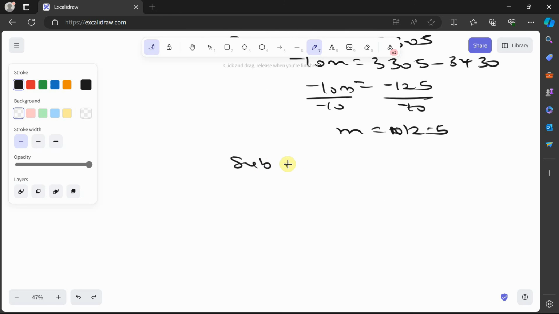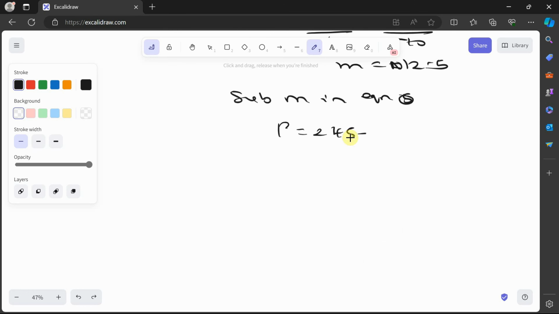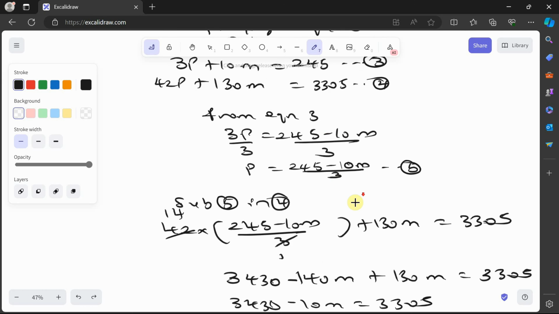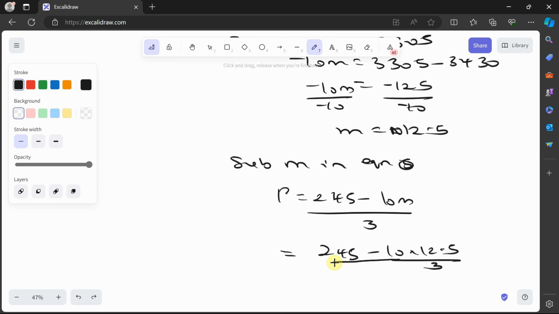So substituting M in equation 5, our equation 5 is saying that P is equal to (245 minus 10M) over 3. So let's substitute. That will be (245 minus 10 times 12.5) all over 3. Everything is all over 3.